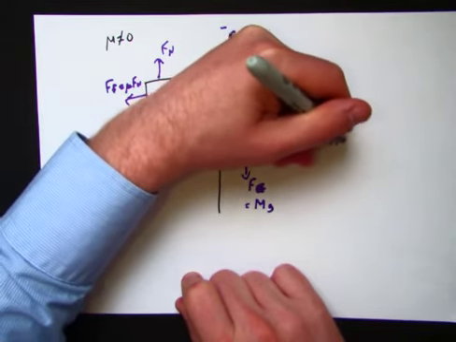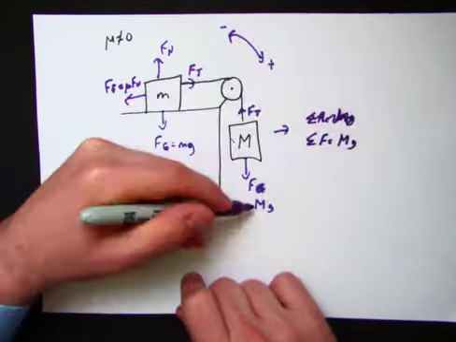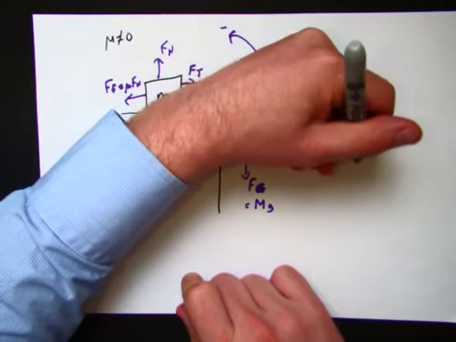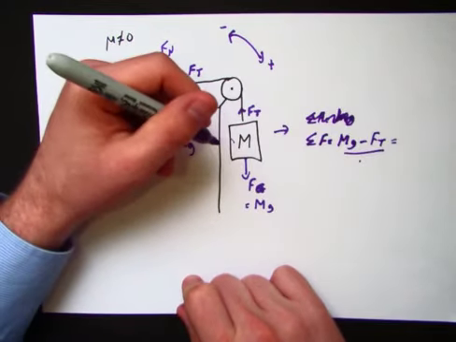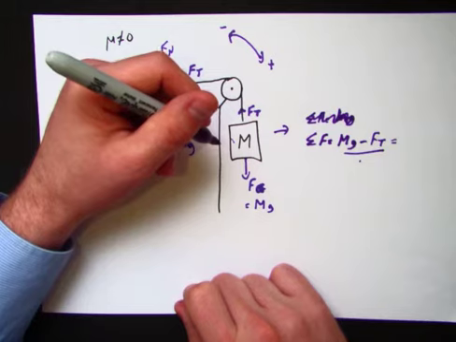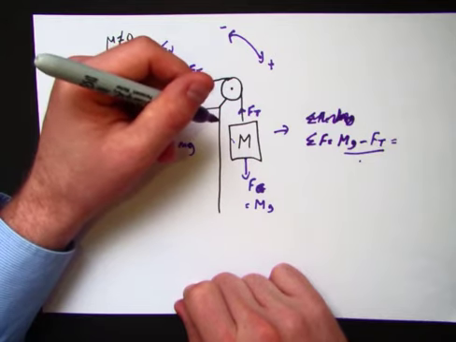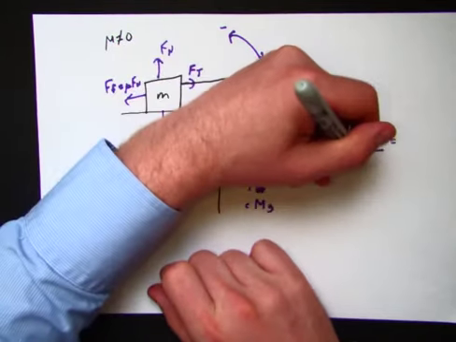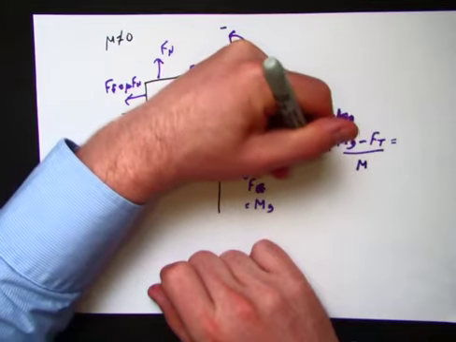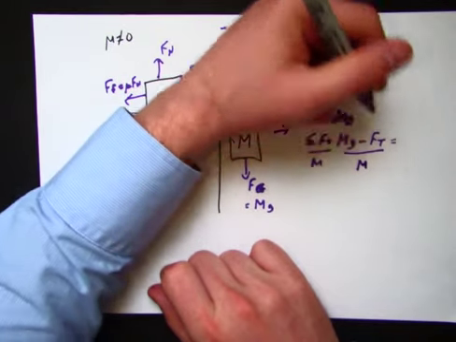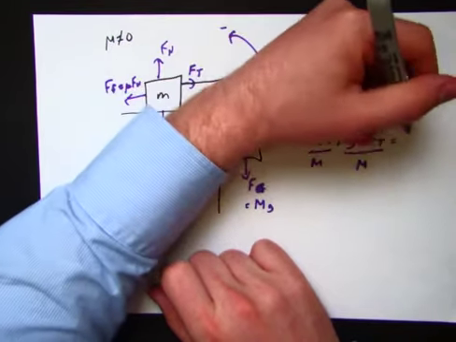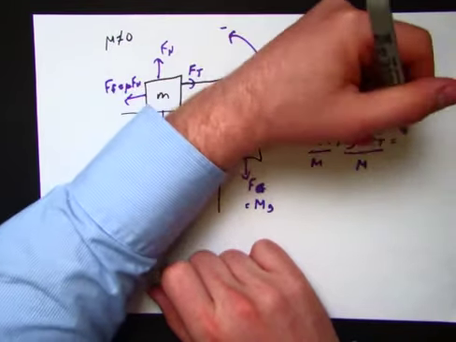The net force will be equal to big Mg minus Ft, and that will equal its mass times its acceleration. So that'll be Mg minus Ft will equal the acceleration of big M.